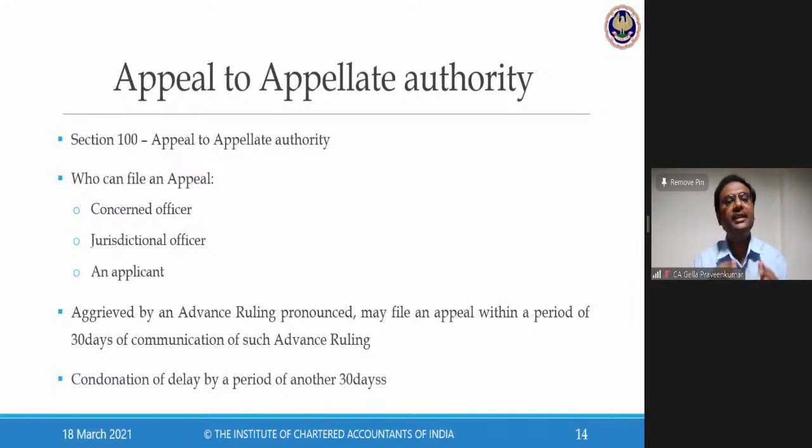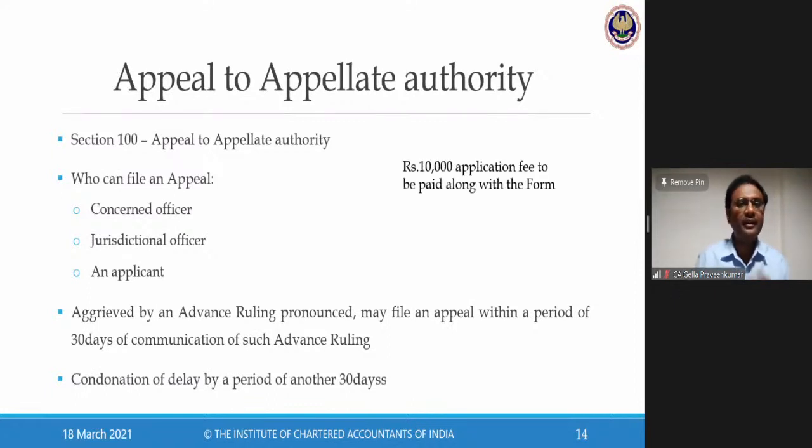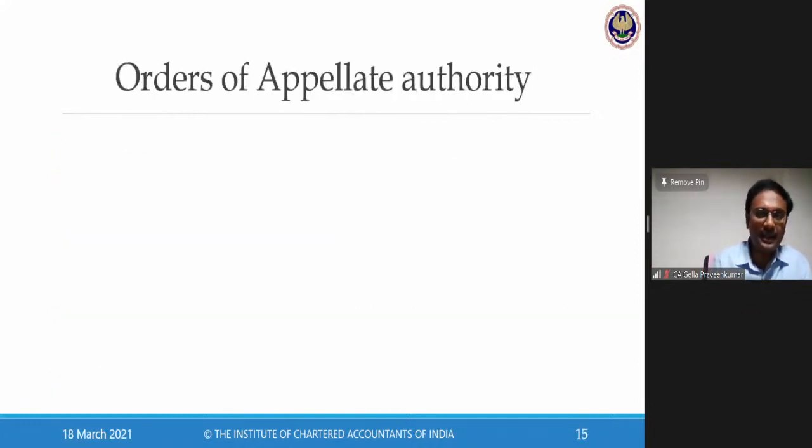If required, if there is sufficient cause given, another 30 days will be given to file an application. Originally, I have paid 5,000 as application fee. Now, I would be paying 10,000 as application fee to the appellate authority. So please keep in mind, as a professional, you have already paid 5,000. Now, you have to pay another 10,000 to go for appeal. This is a nominal fee under advance ruling to file an application with the appellate authority.